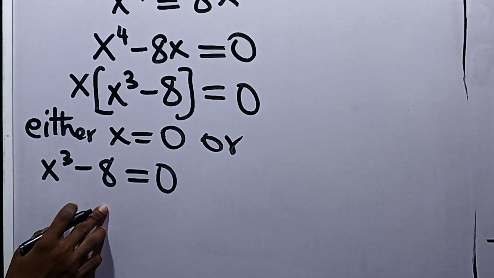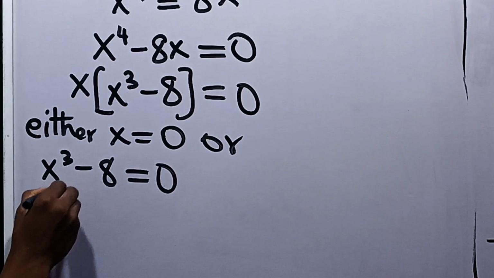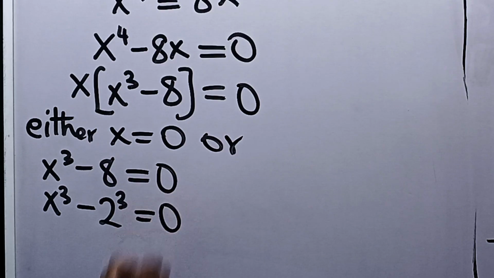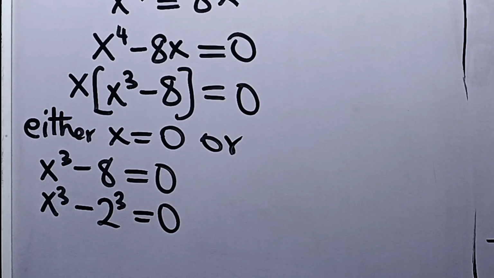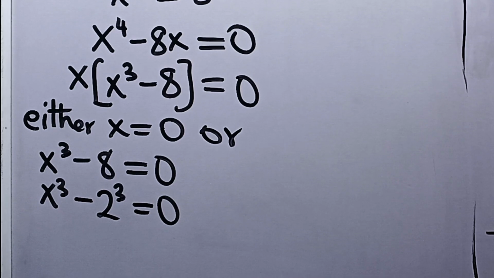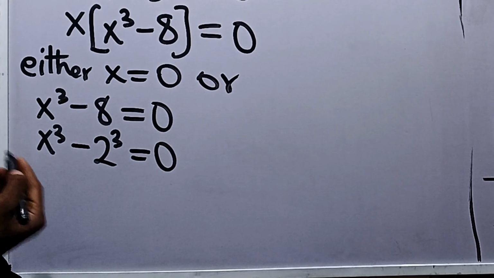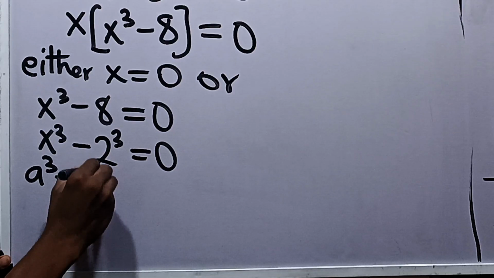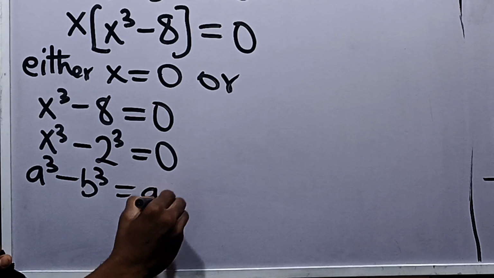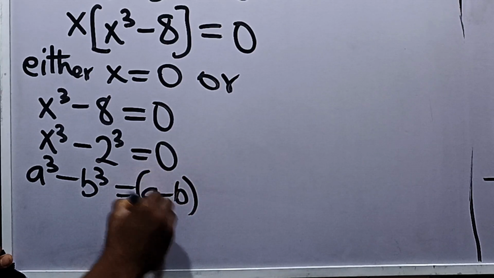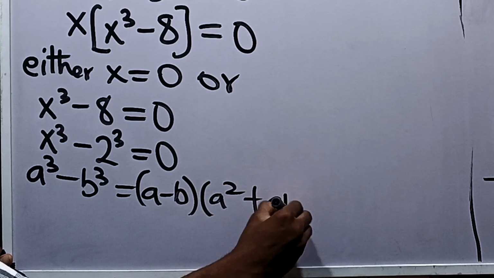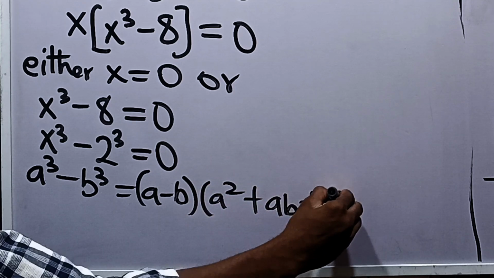Now 8 is the same as 2 cubed. So we have x cubed minus 2 cubed is equal to 0. Moving on from here, we can use the law of difference of two cubes to solve this. For the law of difference of two cubes, we have that a cubed minus b cubed is equal to a minus b into a squared plus ab plus b squared.